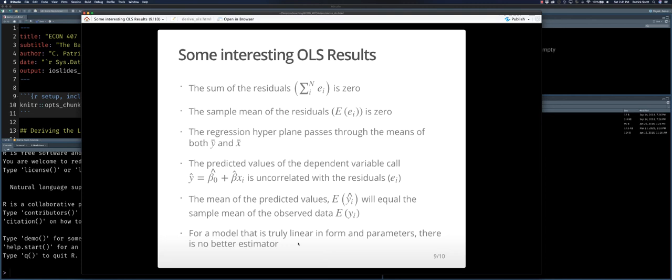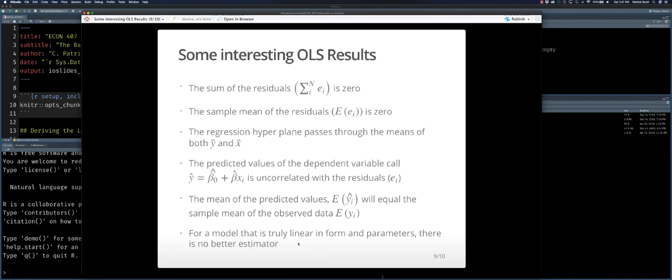The predicted values of our dependent variable: we can basically solve for these imposing that e is 0 for every single individual, and so then we can solve for a hypothetical predicted value of y for our model once we have beta 0 and beta 1. And this is going to be uncorrelated with our residuals, with our error term. That's an interesting feature of OLS.